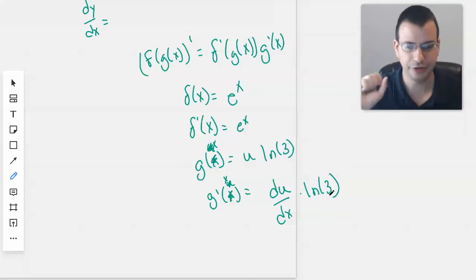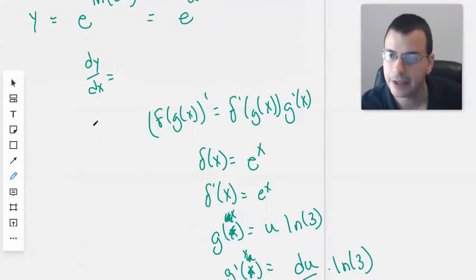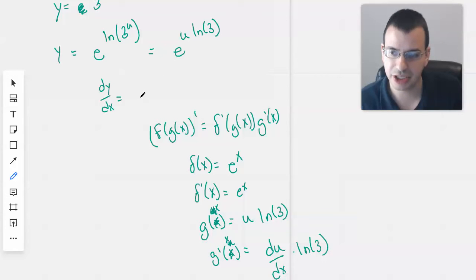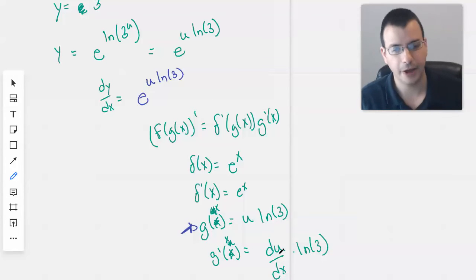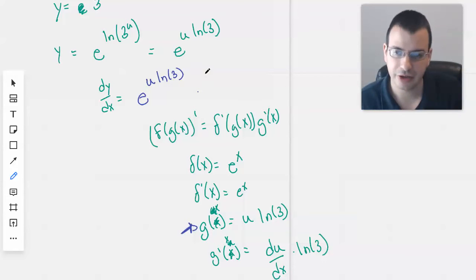A lot of that looks confusing, but we're going to roll with it and see where it goes. So dy dx, from a chain rule point of view, e to the g of x stays the same, so we have e to the u natural log of 3, and then we multiply by the derivative, du dx times the natural log of 3.